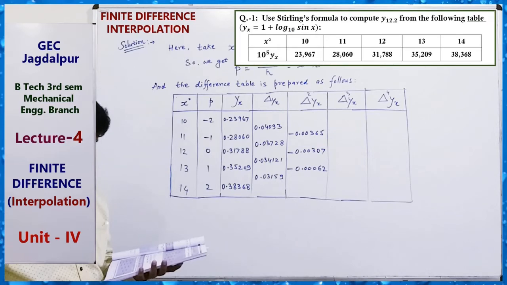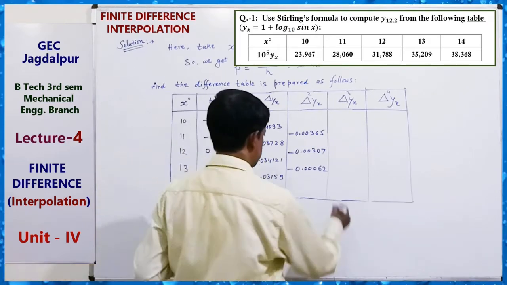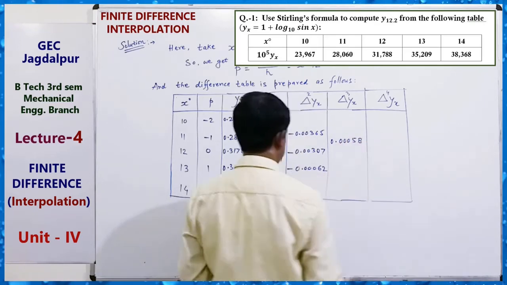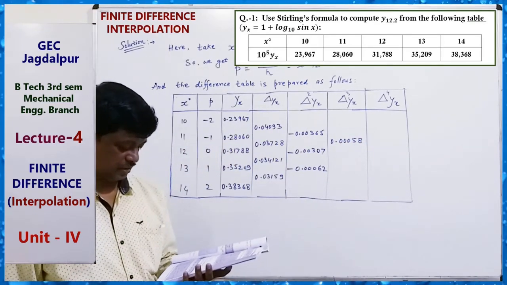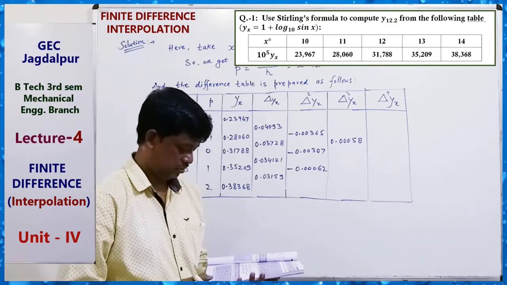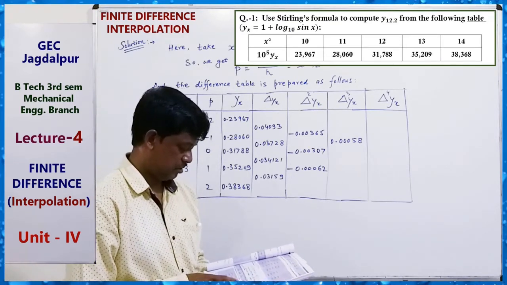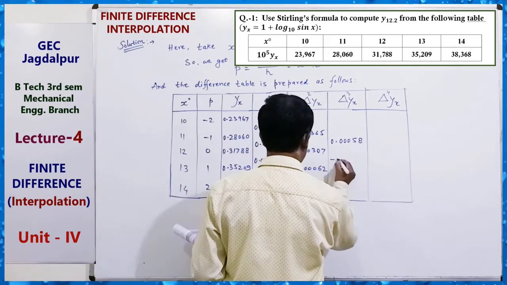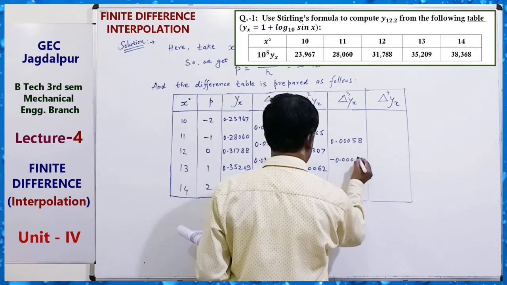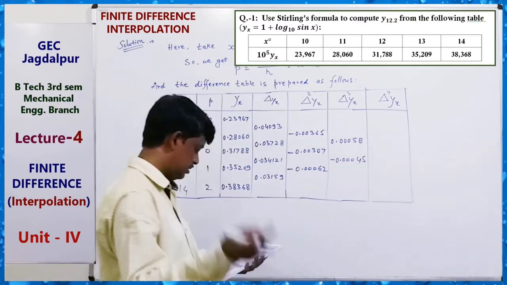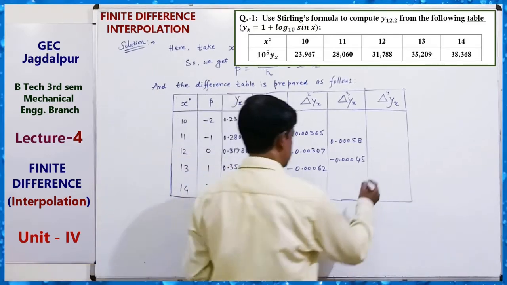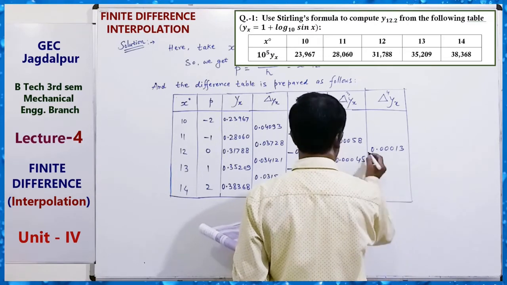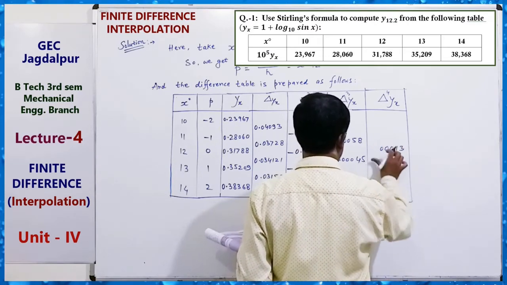Now again subtract. So 0.00058, then 0.00045, minus 5, and once again subtract 0.00013, with a minus sign.